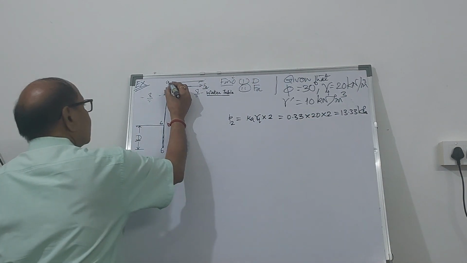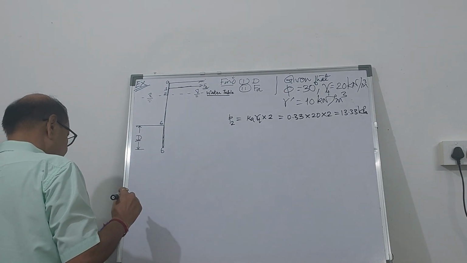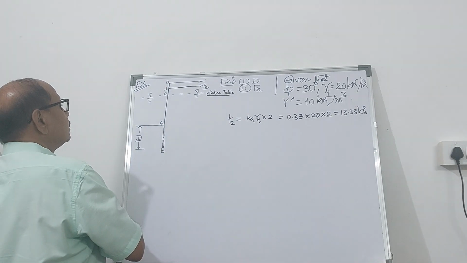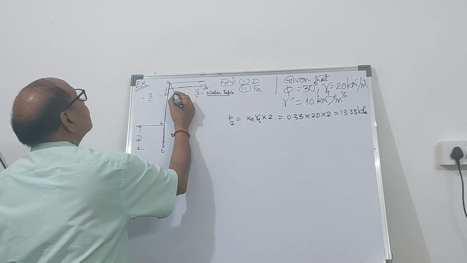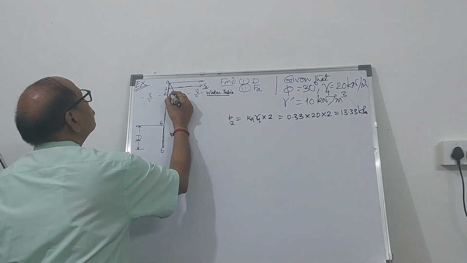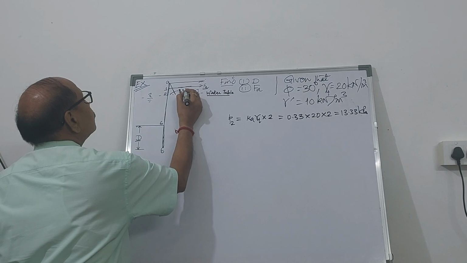So if you draw the pressure distribution diagram, you can see that the pressure here is P2 equal to 13.33.